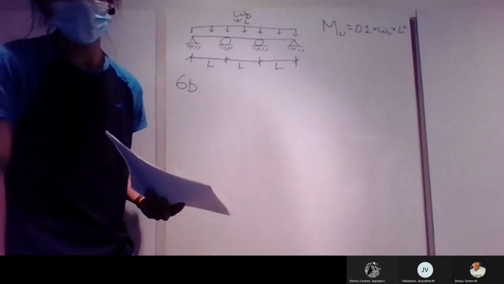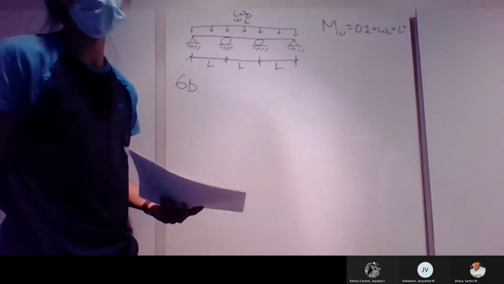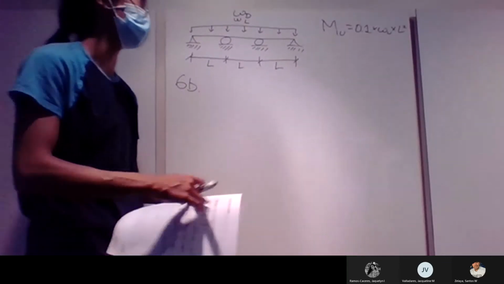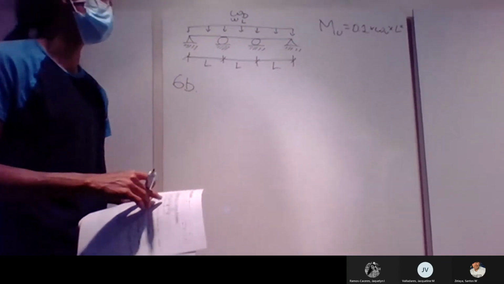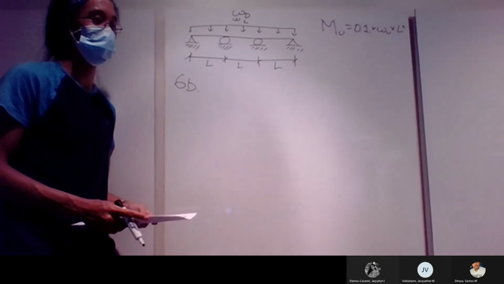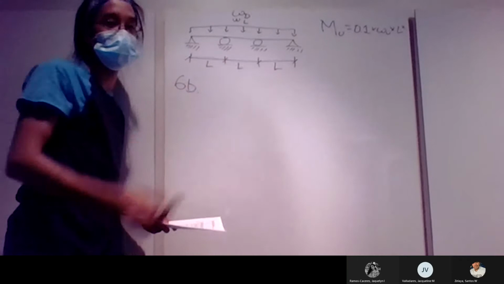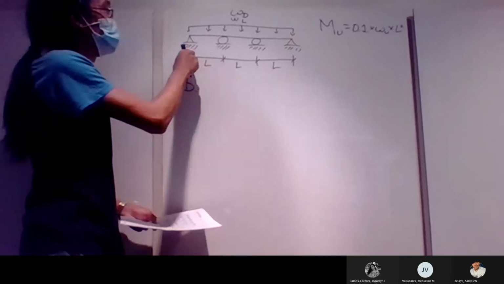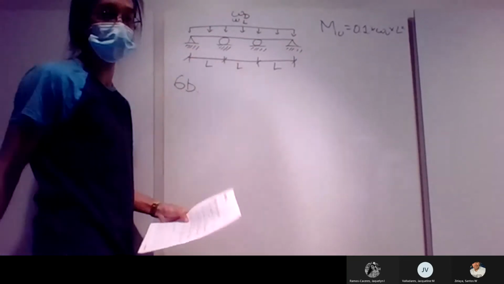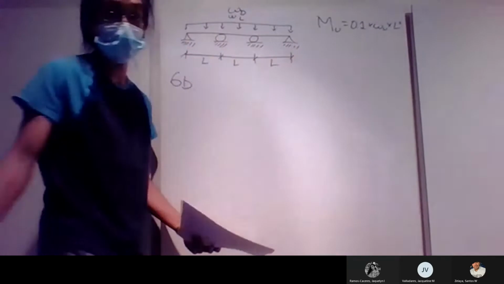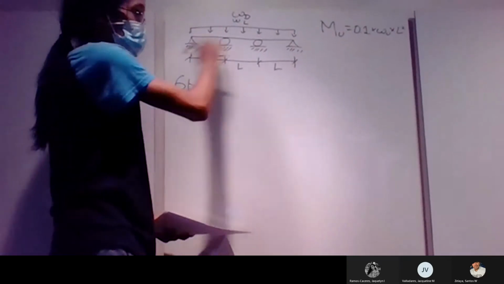Now this would be in your shear and moment diagrams from Civil Tech 2, but this is not a simply supported beam. We've got 2 pins and 2 rollers, so this formula would appear in there, but it's special.